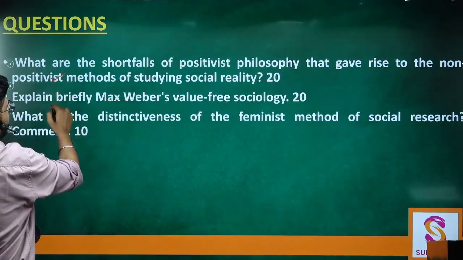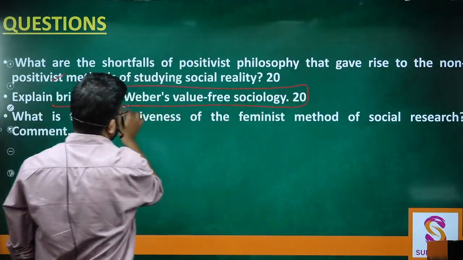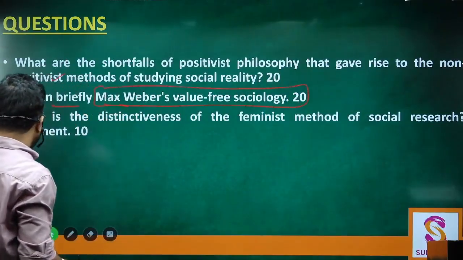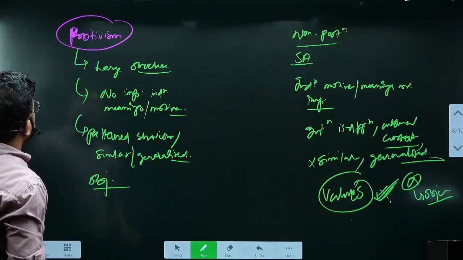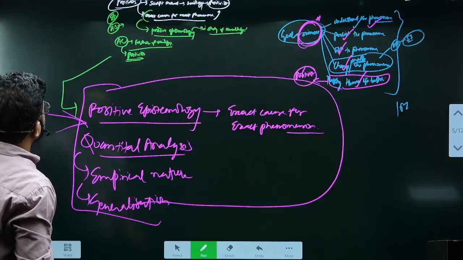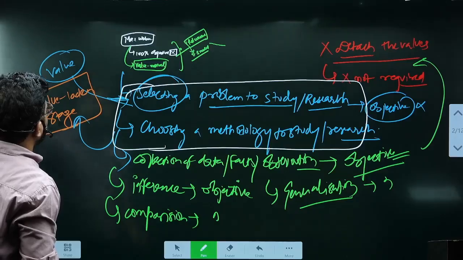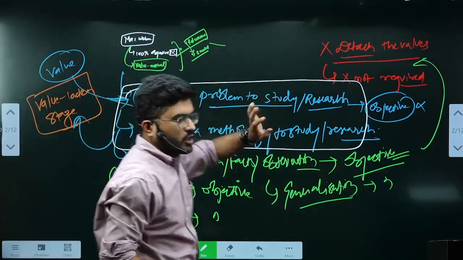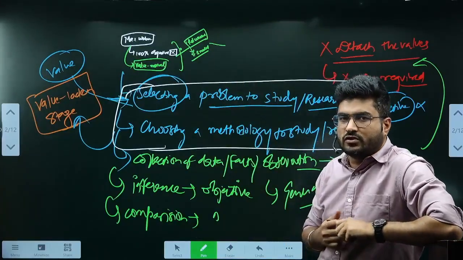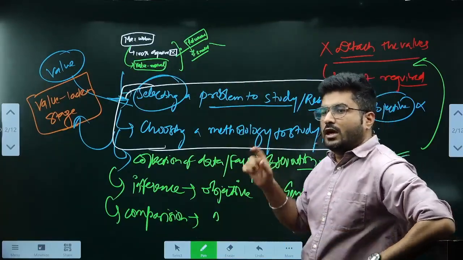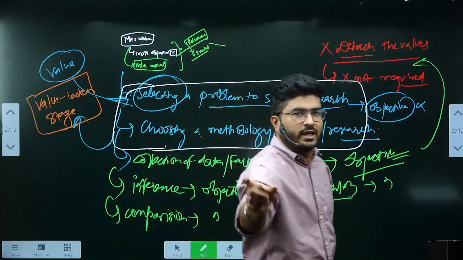Then explain briefly Max Weber's value-free sociology. Okay, the chart we saw earlier when I was talking about Max Weber, this is what we have talked about, we have to write in that particular answer. Sociology, according to Max Weber, should focus towards attaining objectivity.